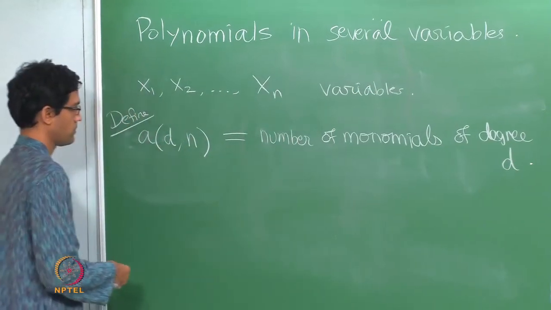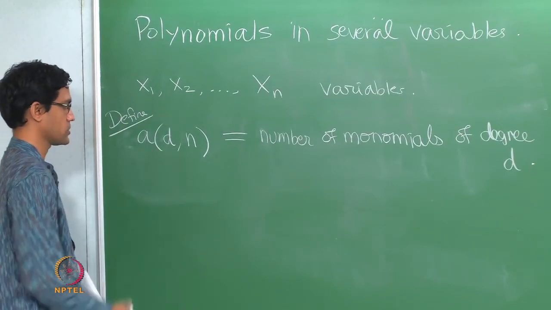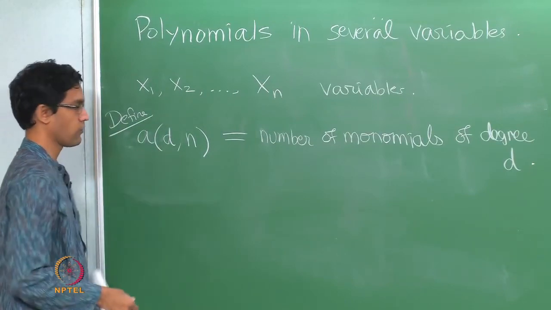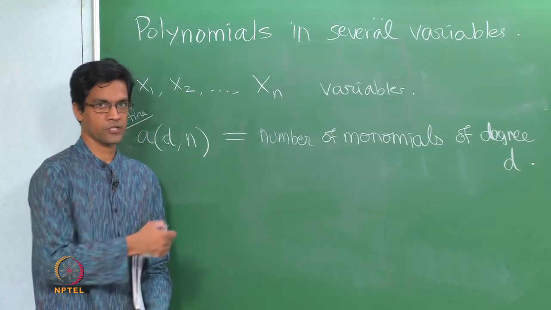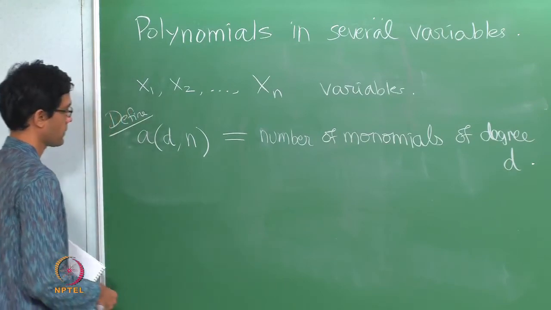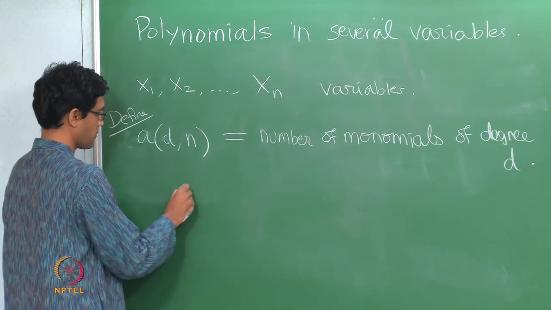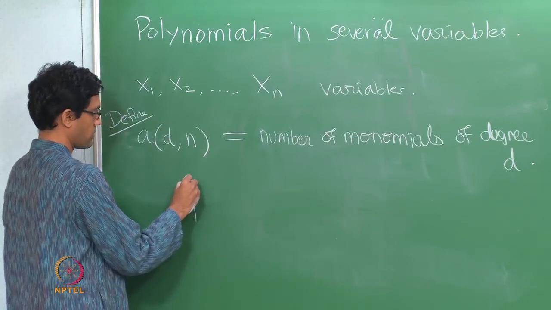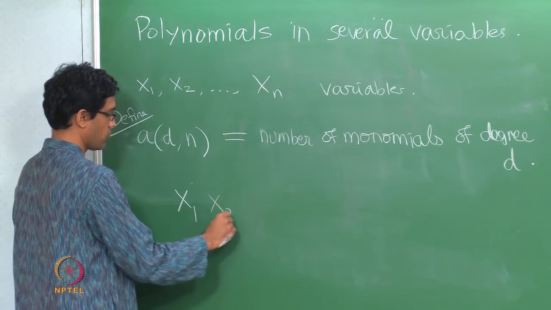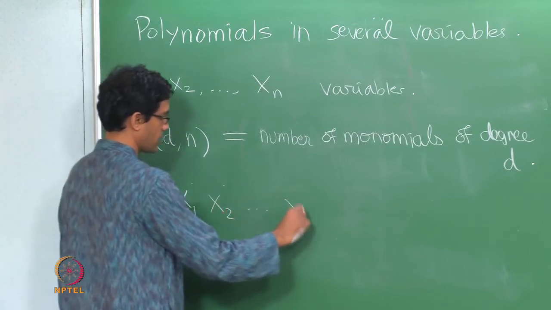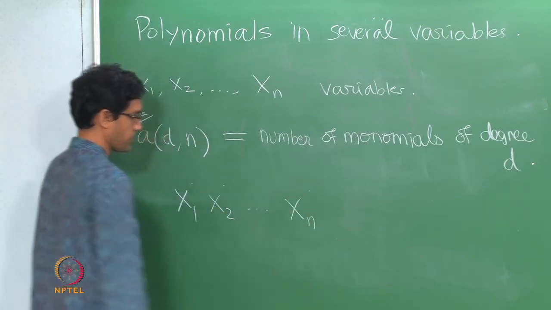We looked at some patterns, we wrote down the first few values, we obtained a recurrence relation, and so on. Now recall what is a monomial. A monomial is something of the following form: x1 raised to some number, x2 power something, and so on till xn raised to something.